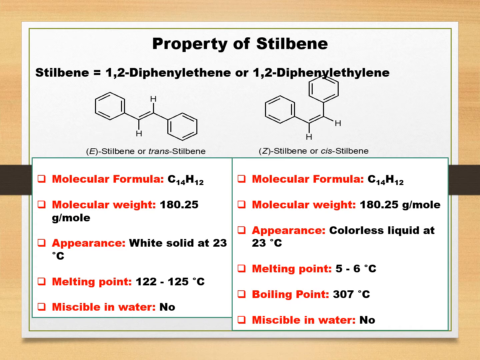We have both cis and trans stilbene, and the IUPAC name of stilbene, including its stereochemistry, can be written as (E)-1,2-diphenylethene, or you can also write (E)-1,2-diphenylethylene.